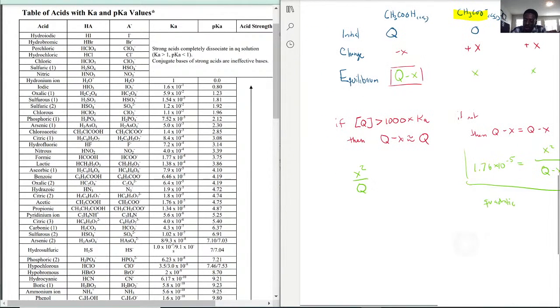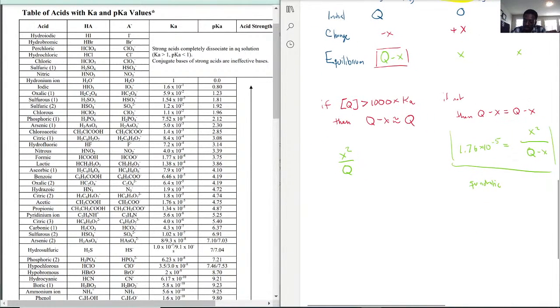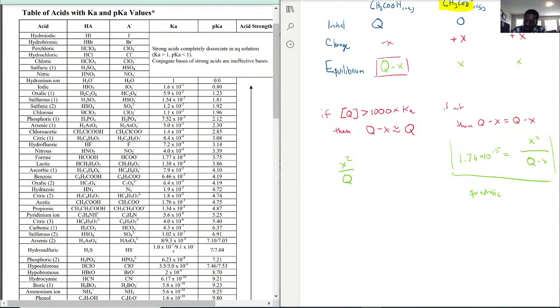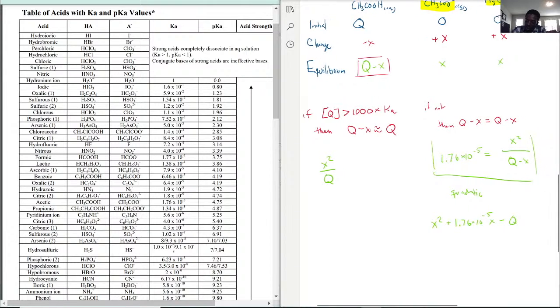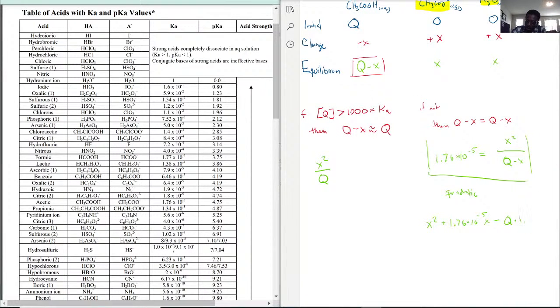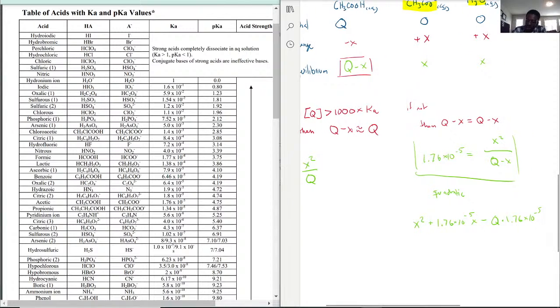The quadratic equation would kind of end up looking like this. So you multiply both sides by Q, 1.76 times 10 to the negative 5 minus x of that amount. So it would be x squared plus 1.76 times 10 to the negative 5 x minus Q times 1.76 times 10 to the negative 5, equals 0.